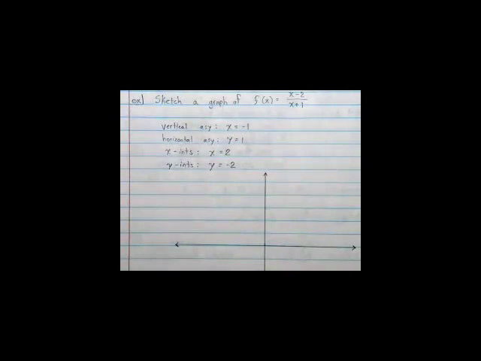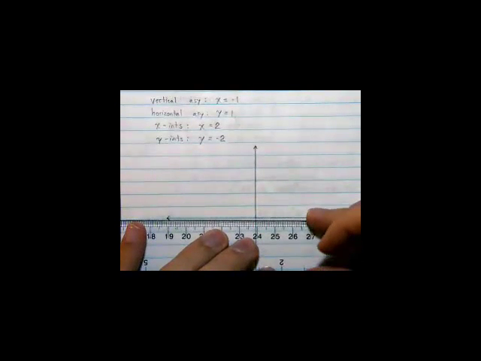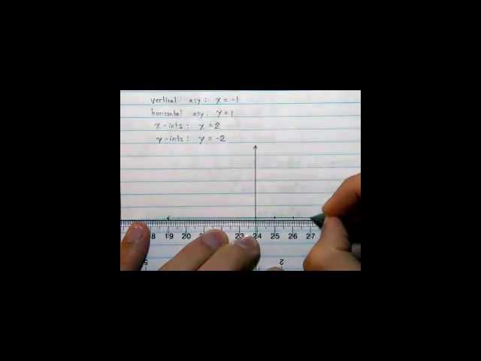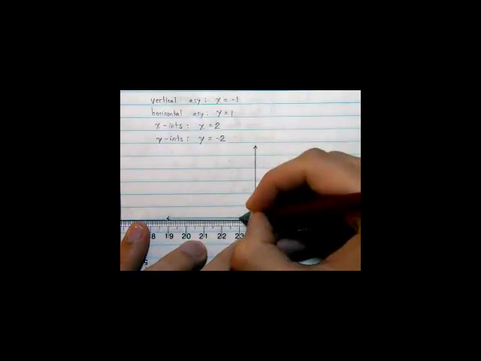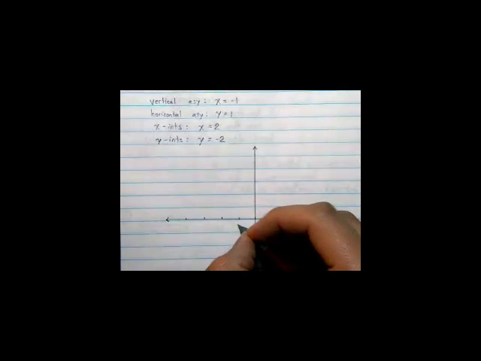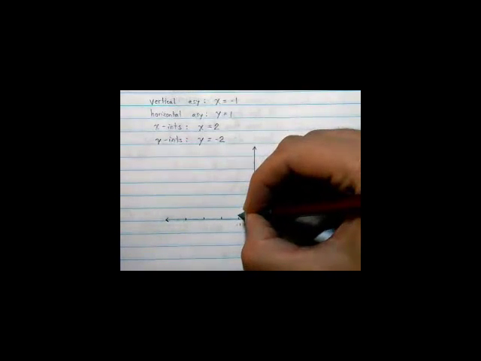Okay, so I drew a little coordinate plane down here underneath, and we're just going to start placing this stuff on there. So I'm going to make a little scale here, make sure it's all nice and even and pretty. Okay, so we've got a vertical asymptote at x equals negative 1, so that'll be here.